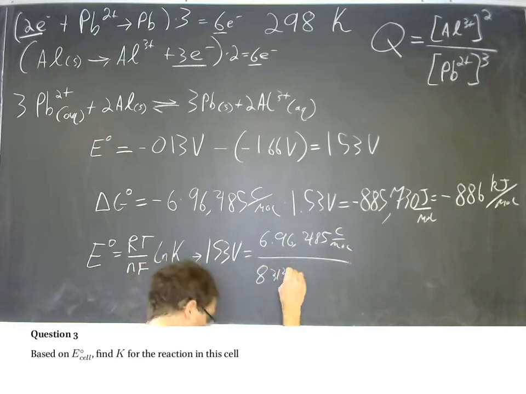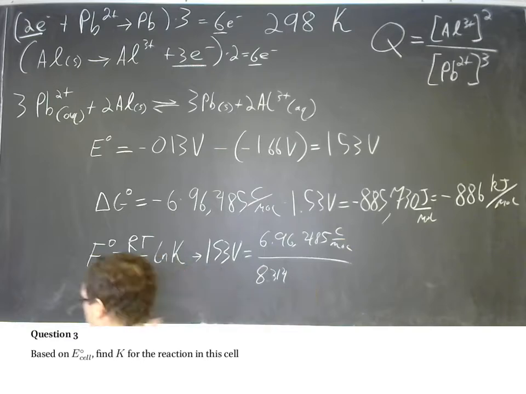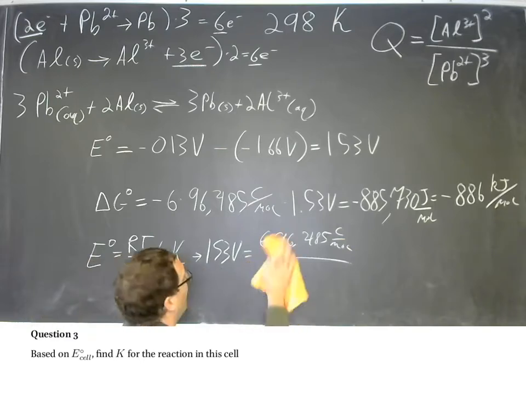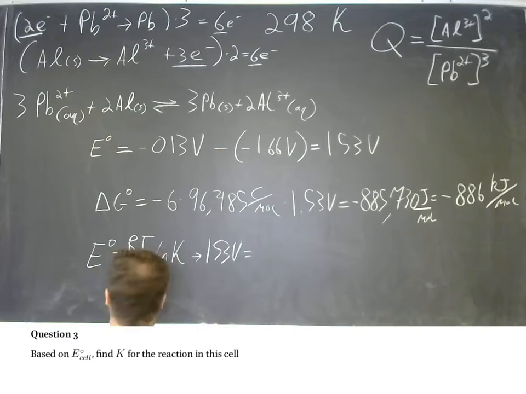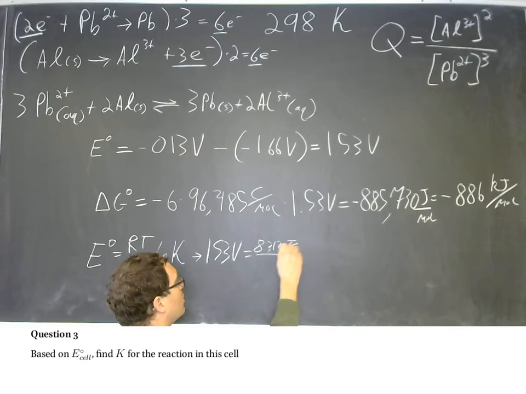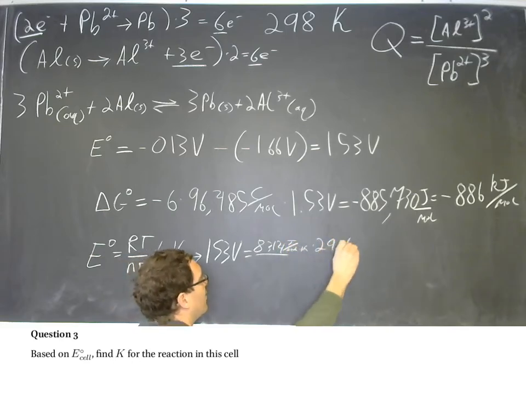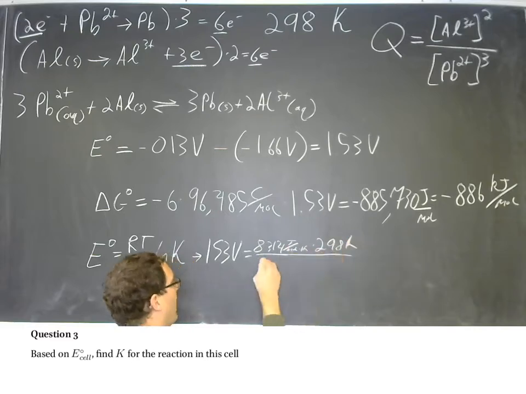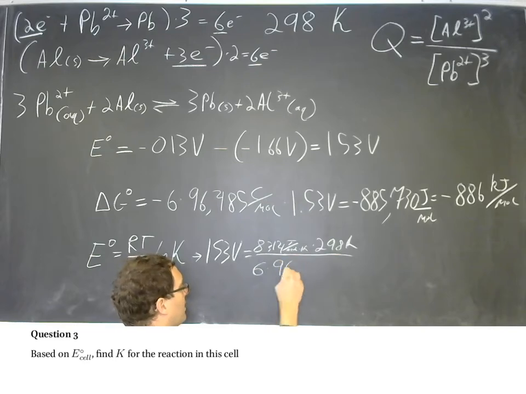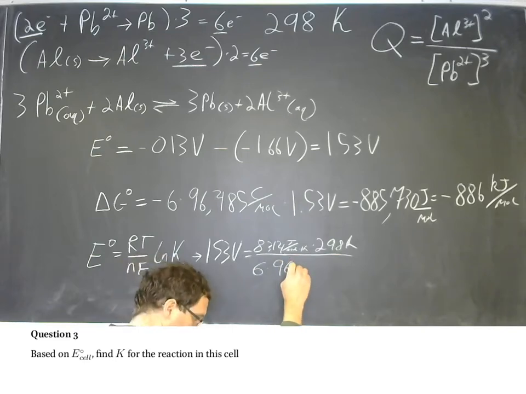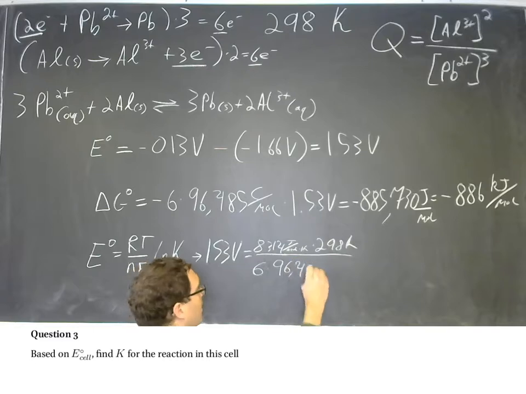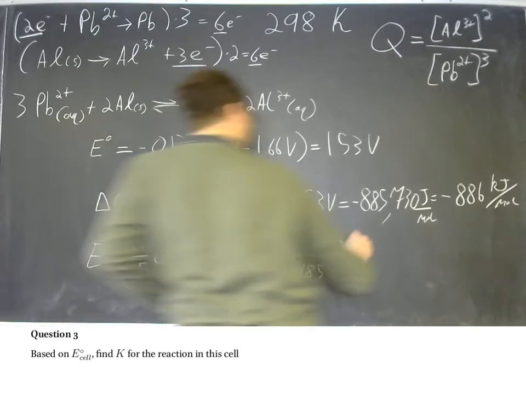Oh, hold up. I've got those backward. RT over NF, I'm sorry. R is 8.314 joules per mole Kelvin. T is 298 Kelvin over N is 6, and F would be 96,485 coulombs per mole times the natural log of K.